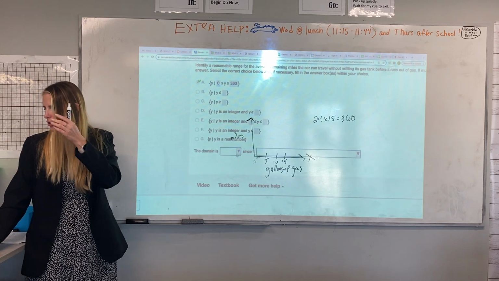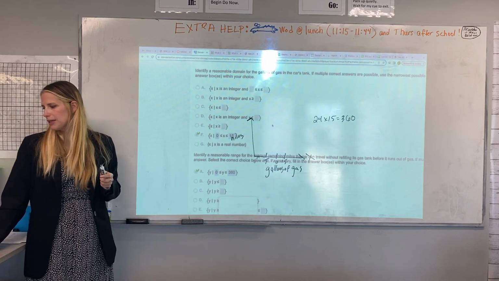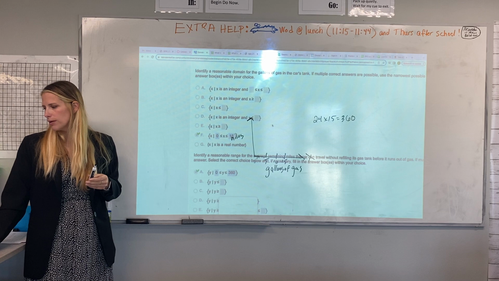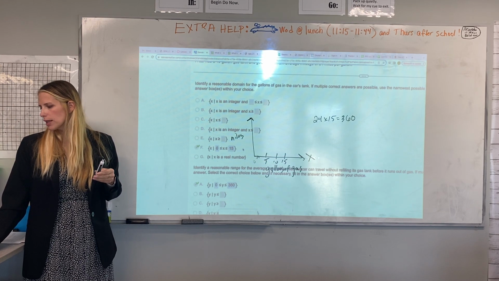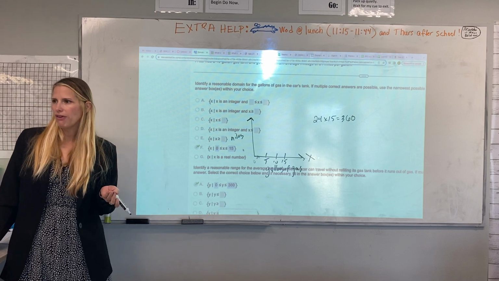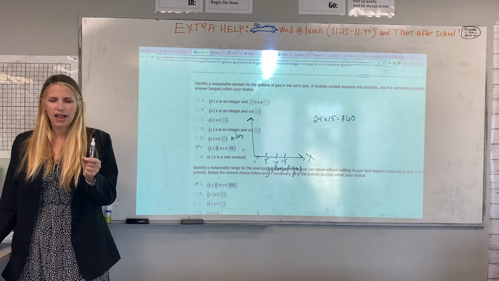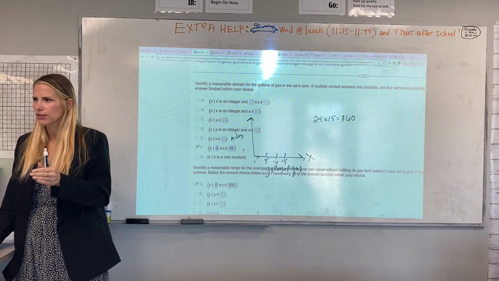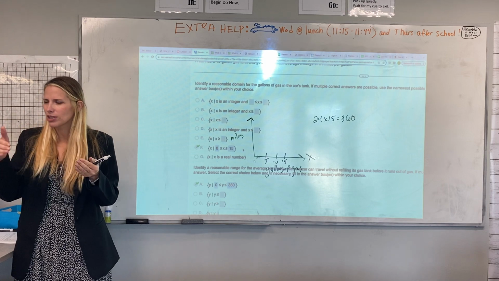Oh, I'm sorry. Would the domain be continuous? Meaning, can we have like 2.5 gallons of gas in a car? Or are we only allowed to fill up 1 gallon of gas and then we have to go straight to 2 gallons? No, when you're at the gas station, it fills up the parts of a gallon too.